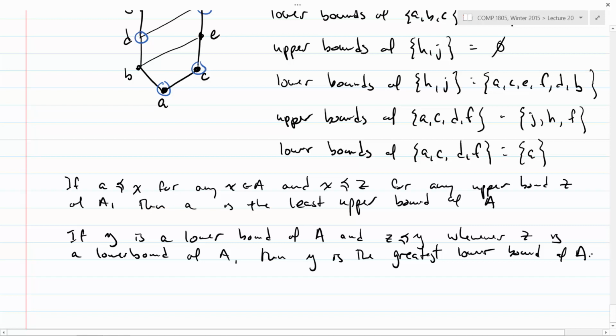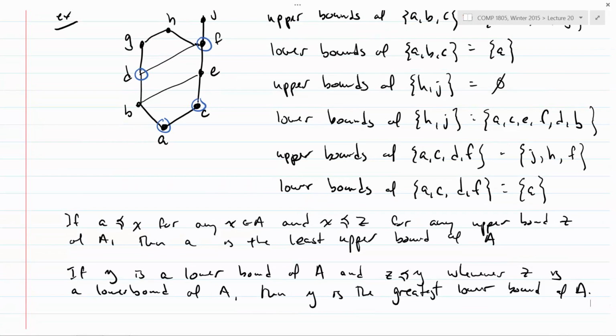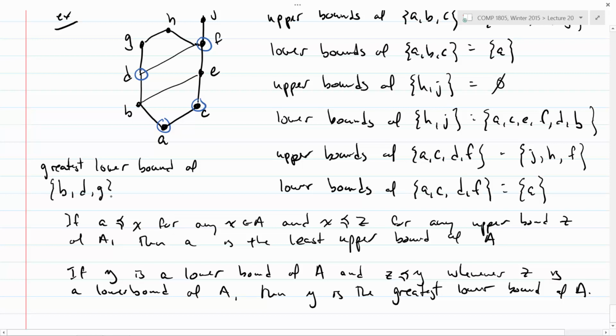So let's do examples. I want the greatest lower bound of, let's say, B, D, G. So let me highlight those for us.